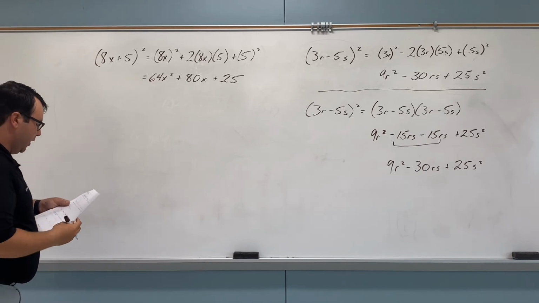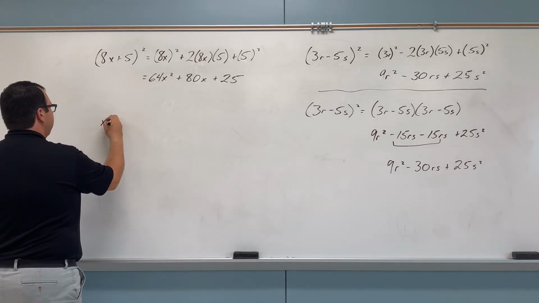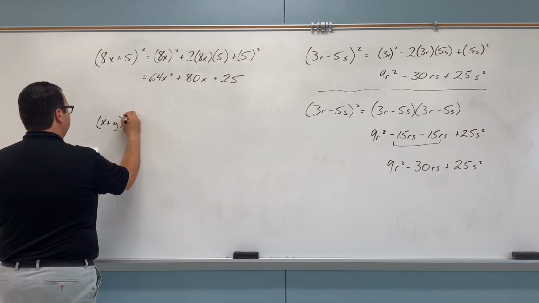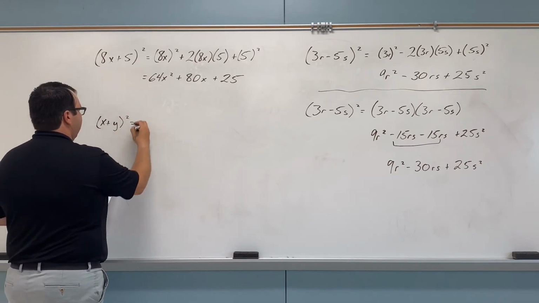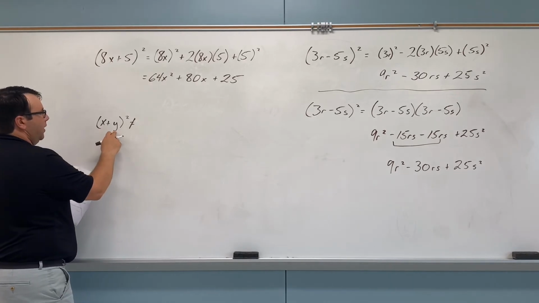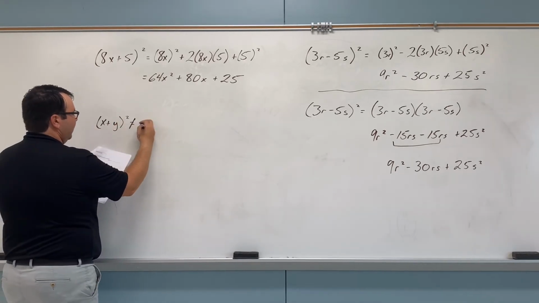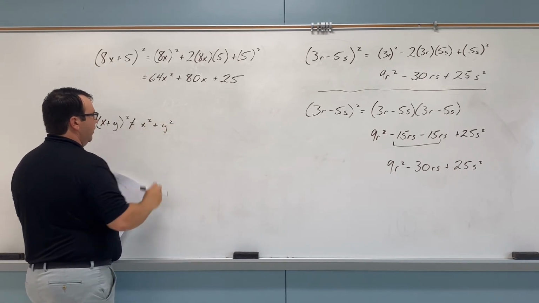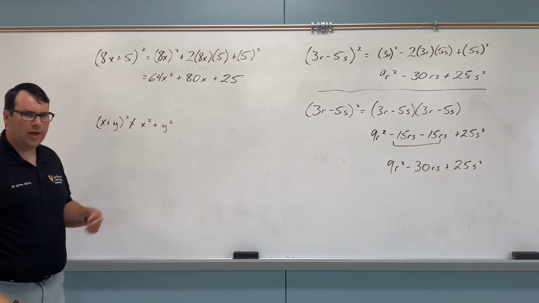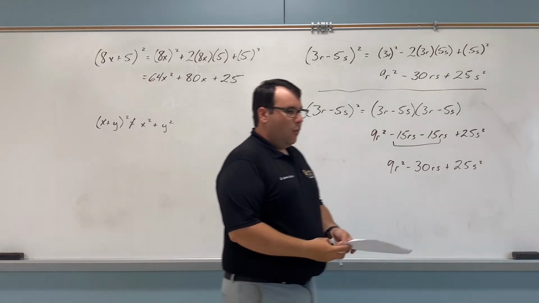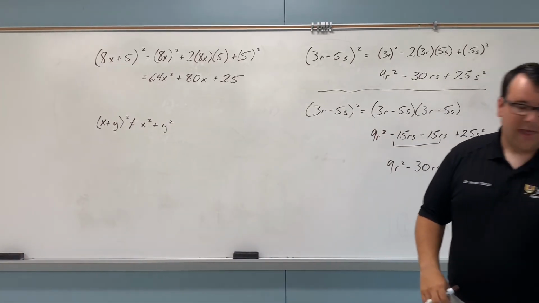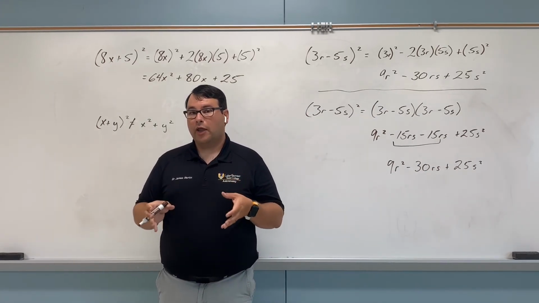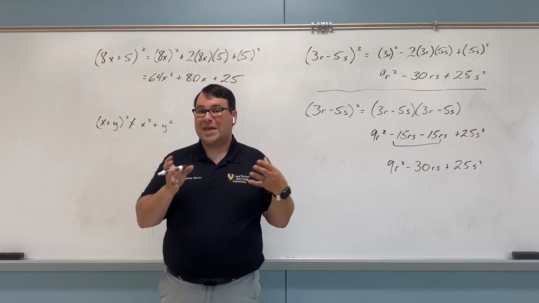Now, I want to point out one thing that is extremely important. And you see this note on your paper. It's kind of small. It says caution. And it says that x plus y quantity squared does not equal x squared plus y squared. Let's talk about that. Why is that note there? Well, if you were to look at x plus y as a quantity squared, you're actually talking about that particular definition being expanded.